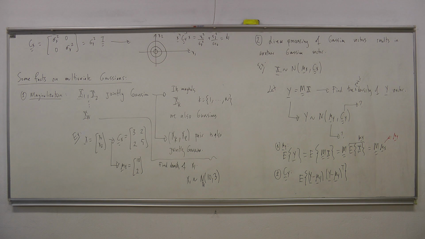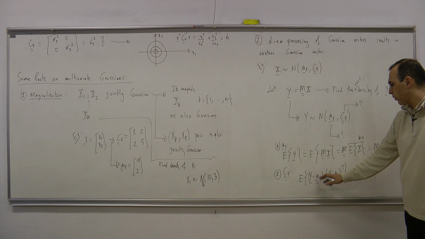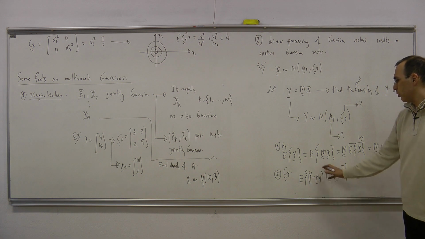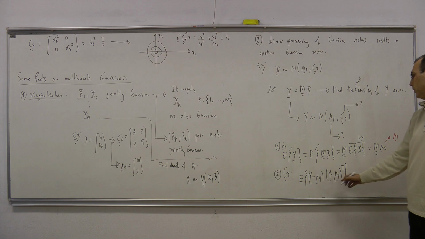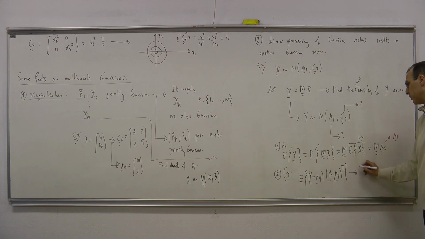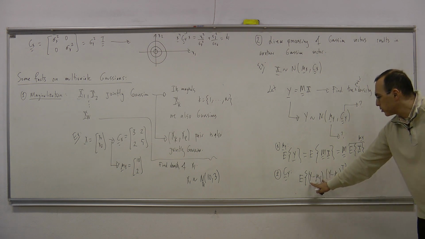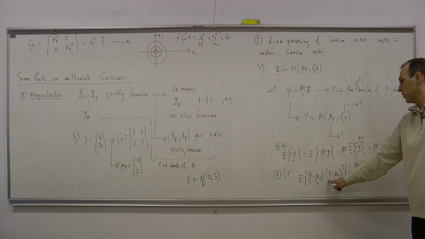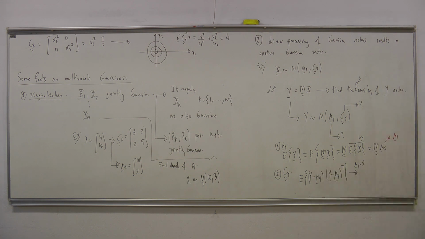As I have said, without loss of generality, I may assume for now that mu y is equal to the 0 vector, because this covariance calculation does not depend on the mean. Just for simplicity, I can assume this is 0, because as we have discussed before, each bracket is always a zero mean vector. Whatever the mean is, it's always subtracted out at the first step.